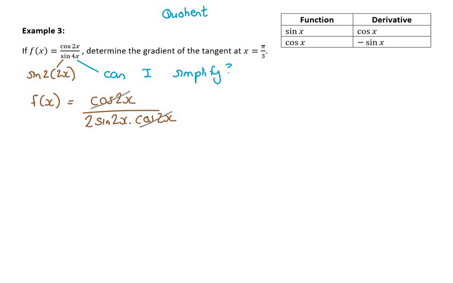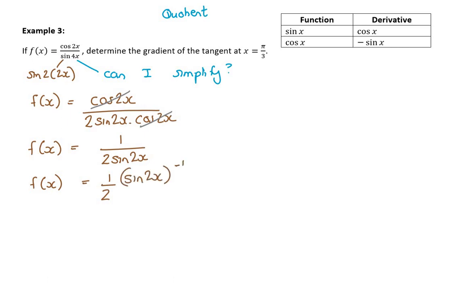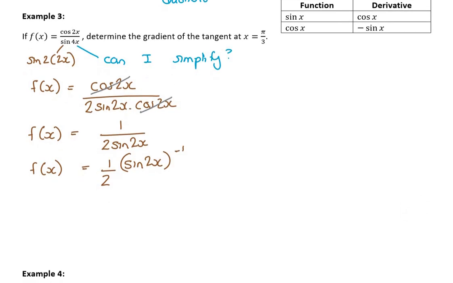So actually, first I'm not saying f dashed because I'm first simplifying f. This basically becomes 1 over 2 sine 2x. Great. Now, that's not a particularly nice one to differentiate. So I'm going to leave the half and I'm going to change this to sine 2x to the power of minus 1. And now it should be fairly easy to differentiate.